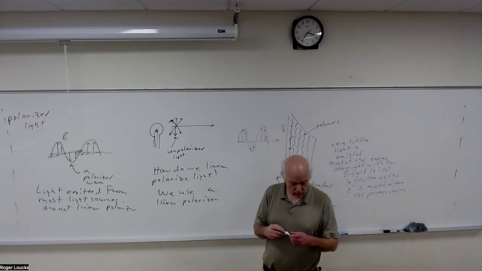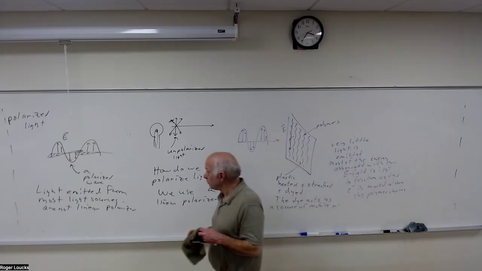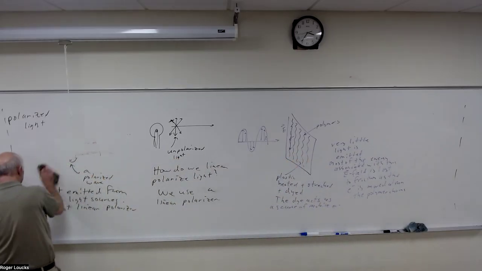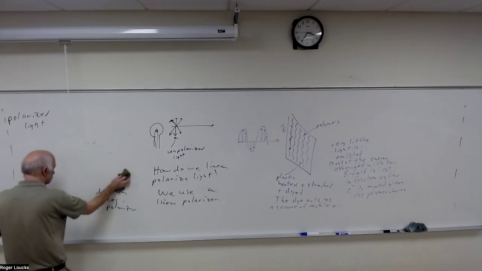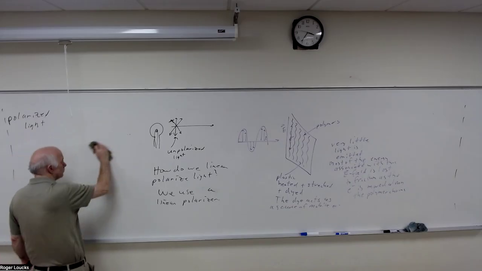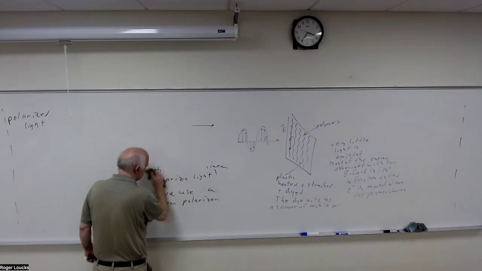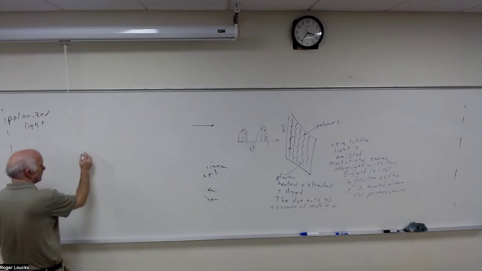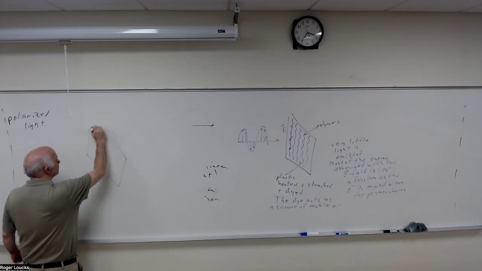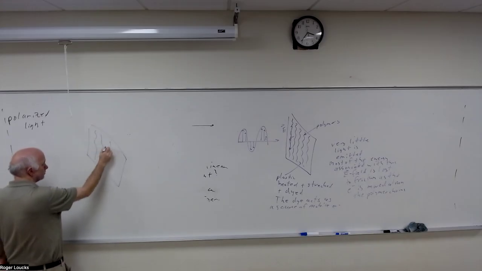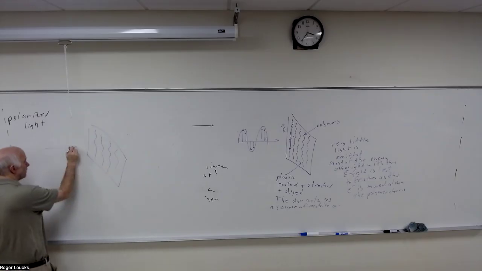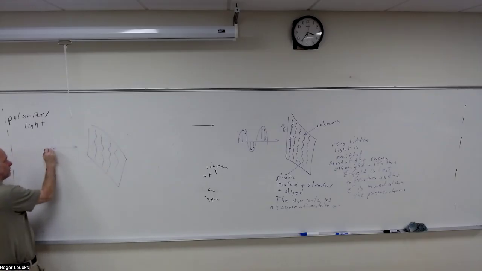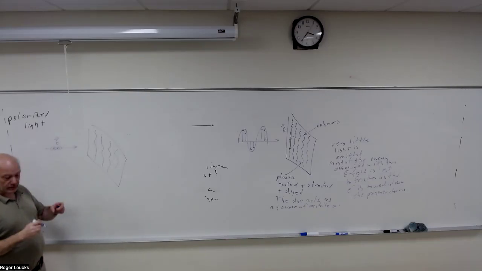Okay. Now, what would happen if we had the following case? Same thing, I'm going this way, but now I'm going to have an electric field that is perpendicular like this.